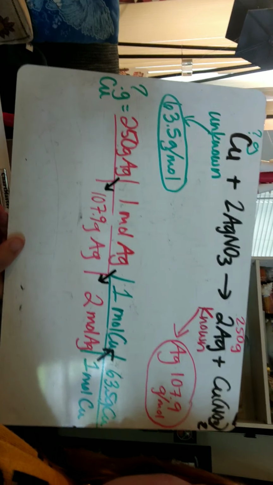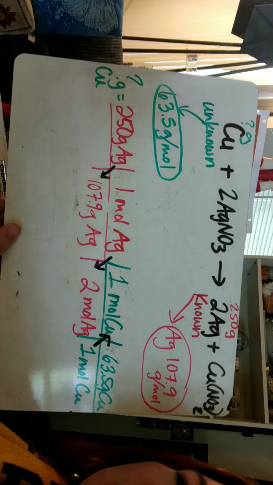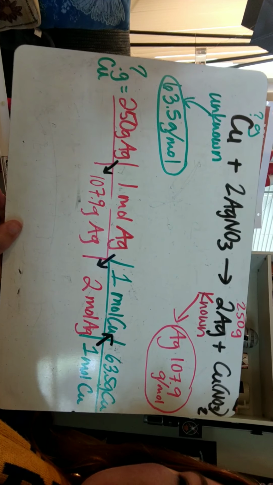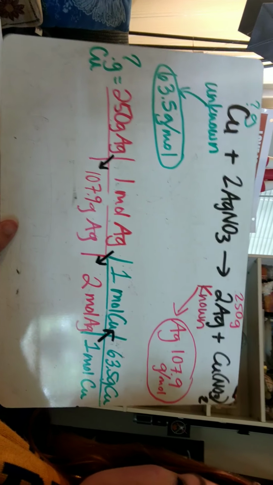Okay, so I'm going to pull this up so that we can look at it and do the math. Okay, so 250 grams is going to be multiplied by 63.5, and I'm going to divide that by, parentheses, 107.9 times 2, in parentheses. So I'm going to cancel off all my units I no longer need.